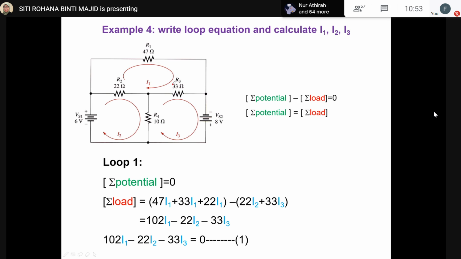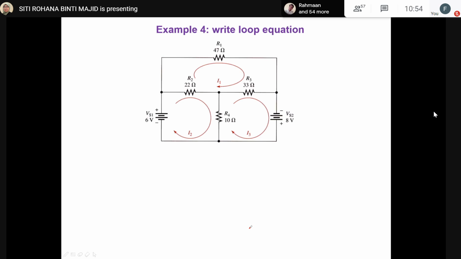You take the first current I1, and then you deduct the current that flows into the second element in reverse direction, which here is 33 I3 and also 22 I2. Finally you will have this equation as your equation 1.